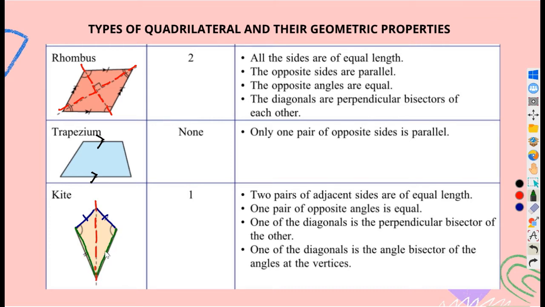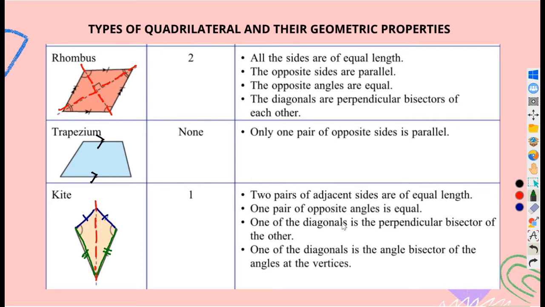One of the diagonals is the perpendicular bisector of the other. One of the diagonals is the angle bisector of the angles at the vertices.